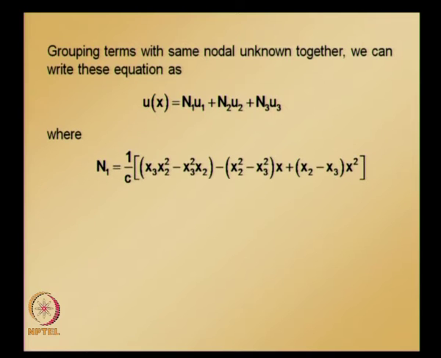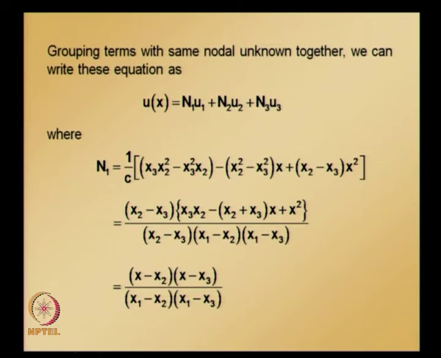where n1 is given by this, substituting the value of c and simplifying, n1 is equal to x minus x2 times x minus x3 divided by x1 minus x2 times x1 minus x3, and if you see this n1, by substituting x is equal to x1, we notice that n1 is equal to 1, and by substituting x is equal to x2 or x is equal to x3, n1 is equal to 0.